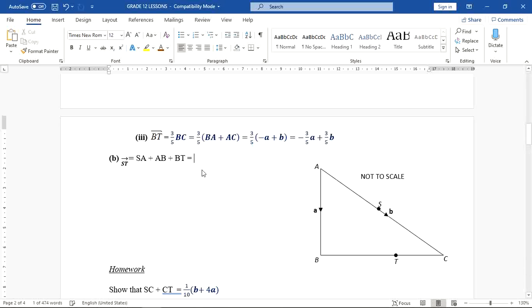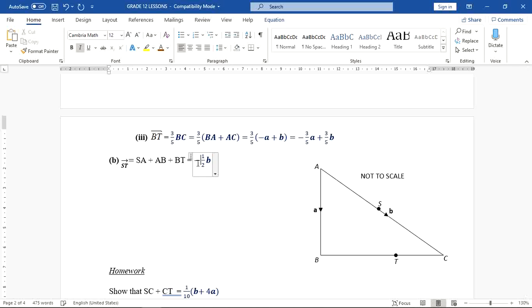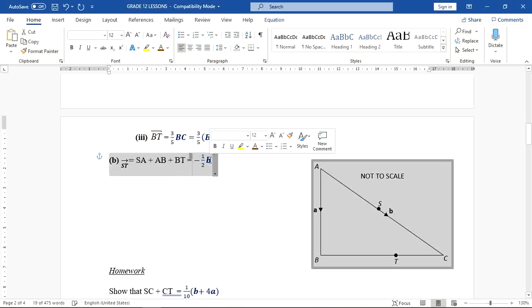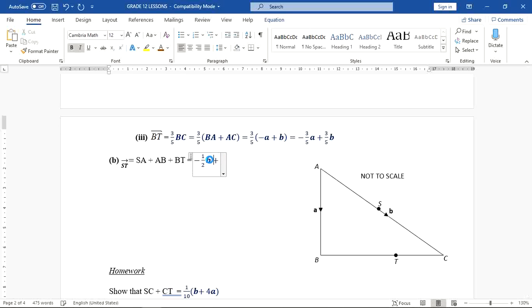So if you can allow me to copy this, so I can just bring it here, and then I'll change it to negative half B. And then I'll add AB. AB will be plus positive A because I'm going in that direction, and then the last one will be BT.